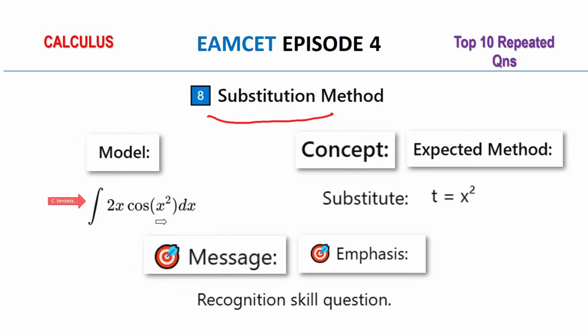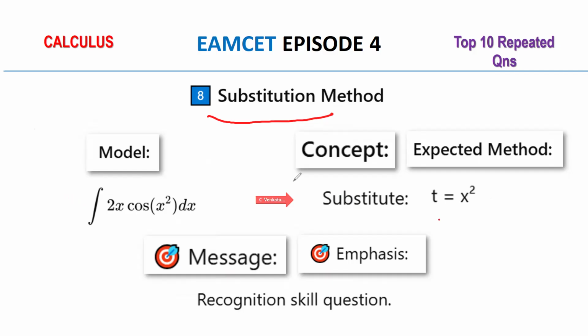If I say x square sin x only, the product rule is there. If you use the product rule here, it will end up in a little more complexity. So what we need to do is substitute t is equal to x square and then proceed further.